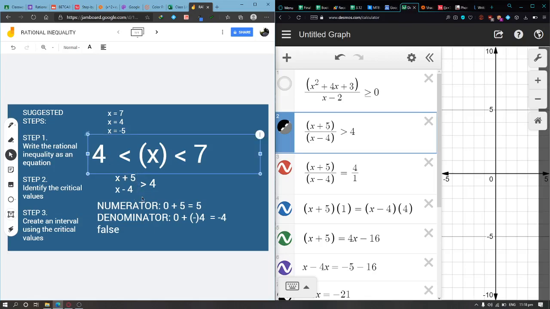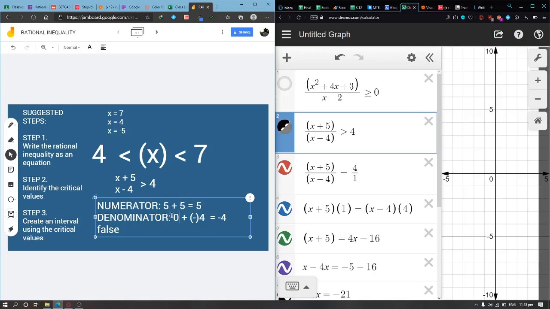Since 4 will give us a 0 value and 7 will give us also a 0 value, let us try to solve it in between. So we will use numbers between 4 and 7. Any numbers between 4 and 7 could be 5 and 6. So let's try 5 and 6.